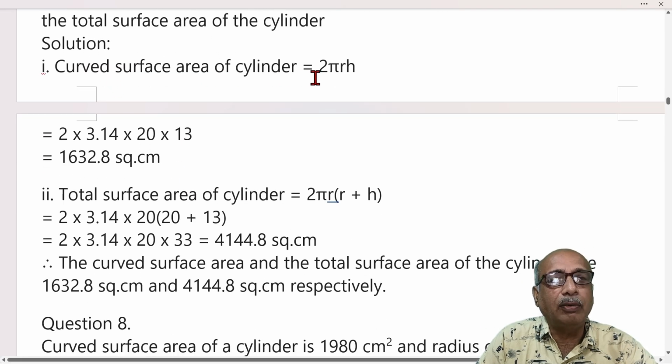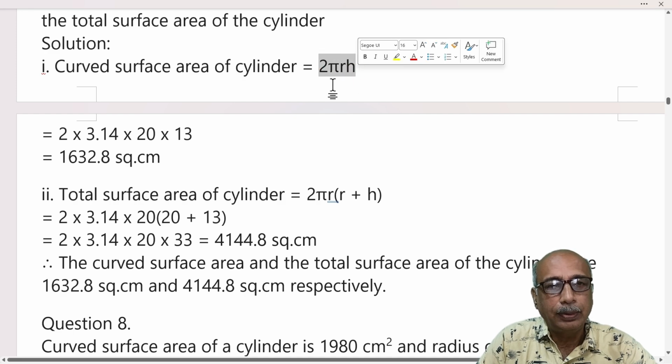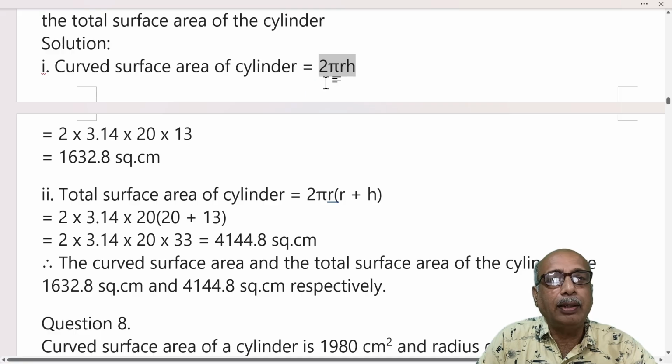So we have to find the curved surface area and the total surface area of the cylinder. Curved surface area of cylinder equals 2 pi RH. Substitute the values here. Pi is taken as 3.14. Put in the values of R and H and calculate, you will get 1632.8 square centimeter.